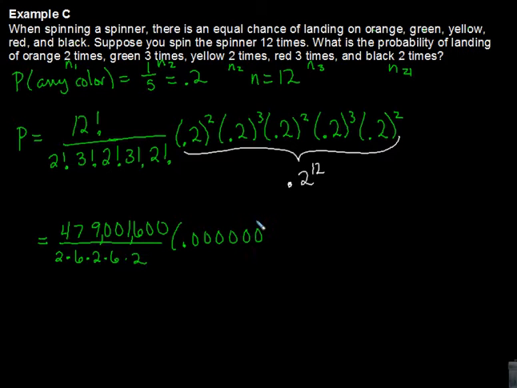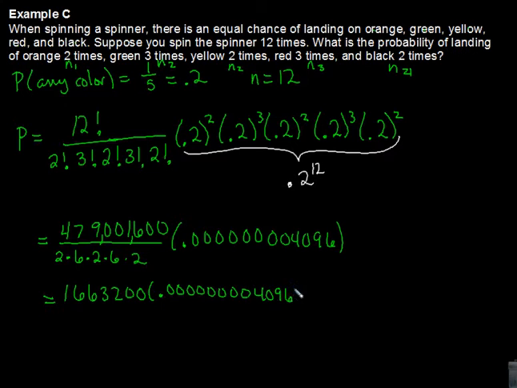Hold on, let me make sure I get the right number of zeros. 1, 2, 3, 4, 5, 6, 7, 8 zeros. And when I multiply and divide and do all my math, I'm going to get, yes, it is a lot of zeros. So it ends up being, though, only 2 zeros.